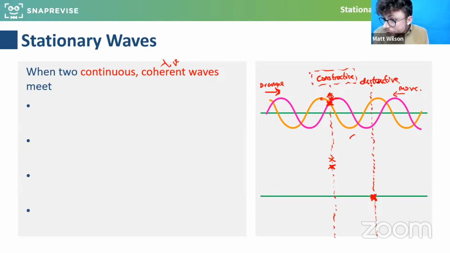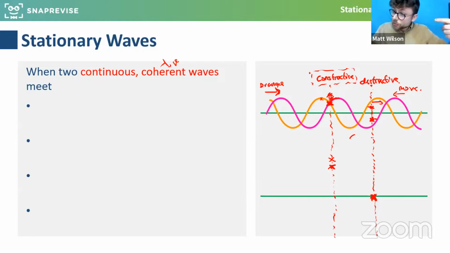Whereas if we look at this point of destructive interference, if the orange wave goes to the right, then at a later time, this lower bit of the wave will be here. So it'll be pulling up slightly less hard. But if the pink wave is moving to the left, then it's also going to have a kind of smaller amplitude bit of the wave here now, and they're still going to perfectly cancel.